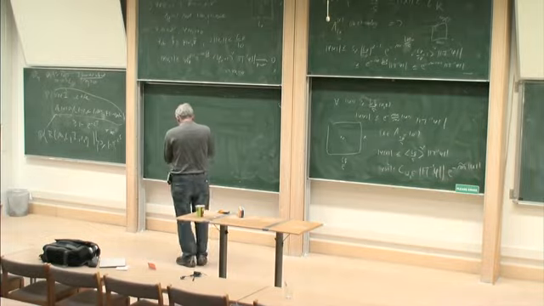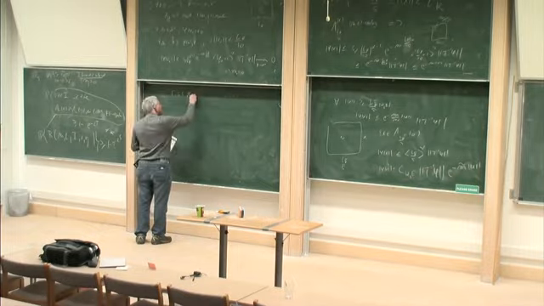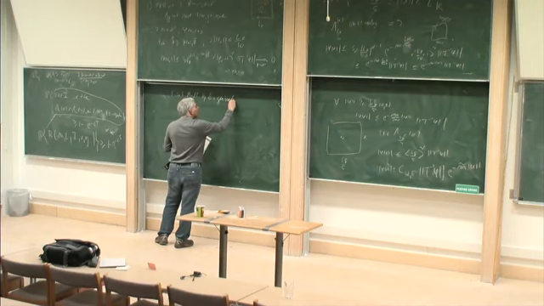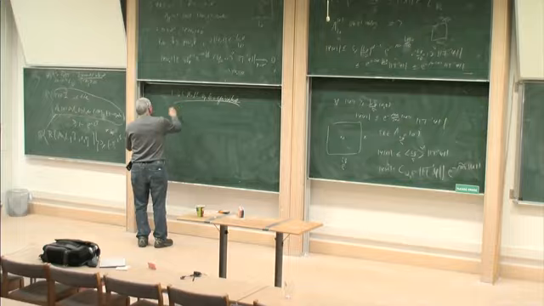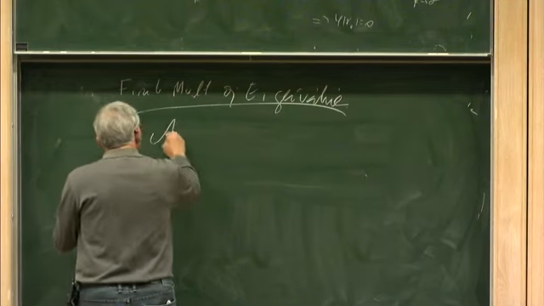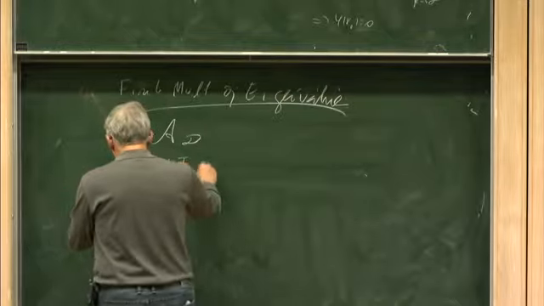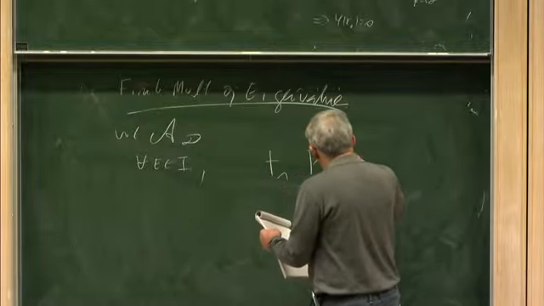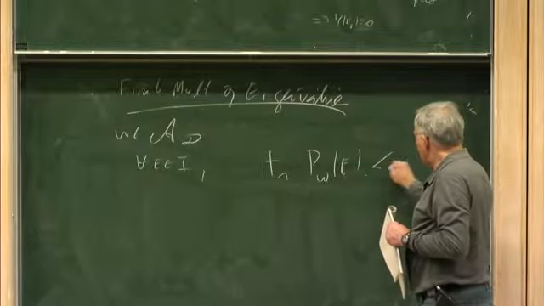So now I want to show that if omega is still in that set, with probability 1, then for all energy E in I, the trace of P omega of E, and for me this is the eigenprojector at energy E, is finite.